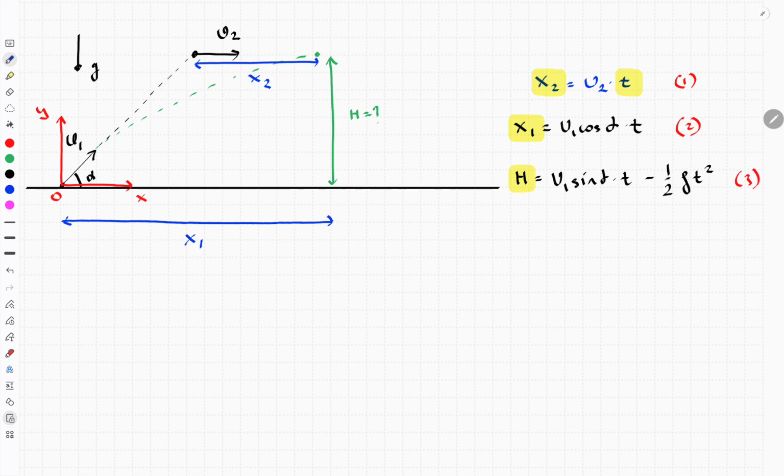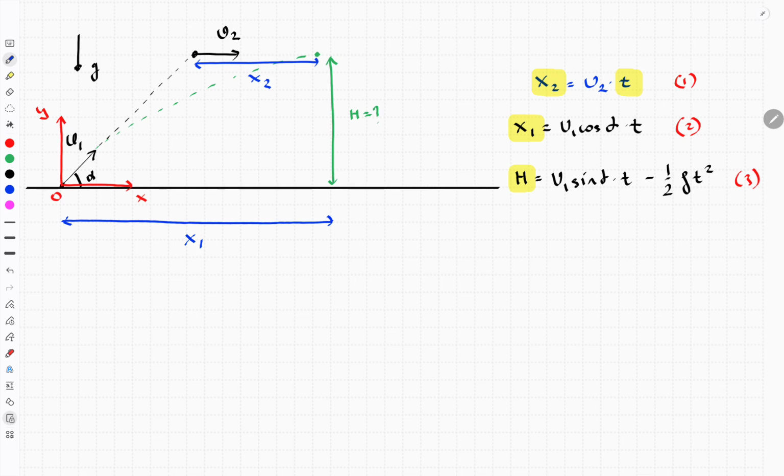So what kind of equation are we missing? Logically, in all equations we have a time, so we likely don't need an equation related to time. x2 we have only in one equation, x1 only in one equation, h is only in one equation.